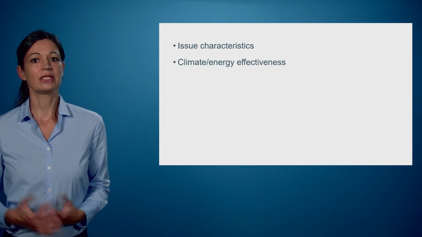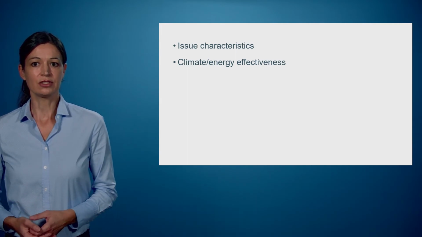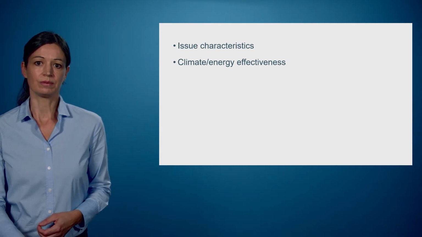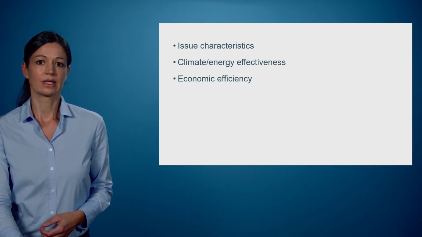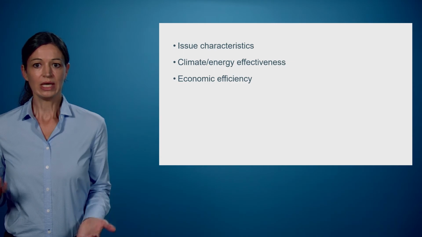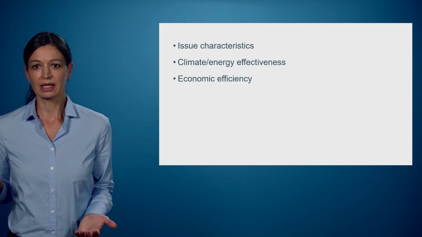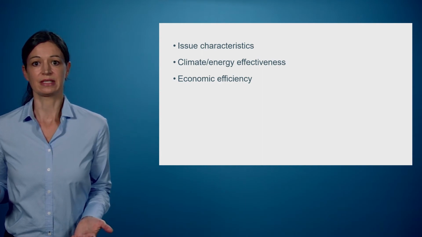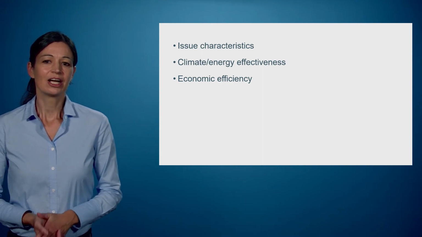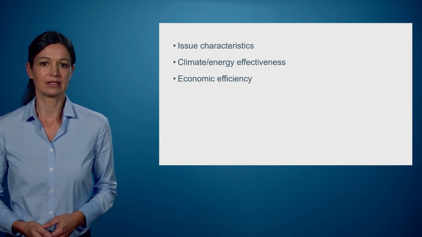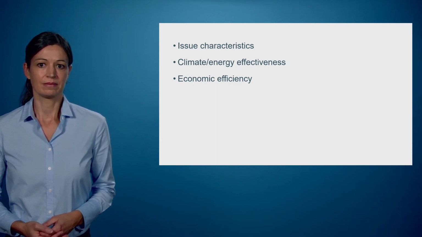Effectiveness is about assessing how well the instrument will achieve the climate or energy goal. Efficiency weighs the economic costs against the expected economic, climate, and social benefits. Yet, quantifying the costs of climate change is very difficult and quite contested.